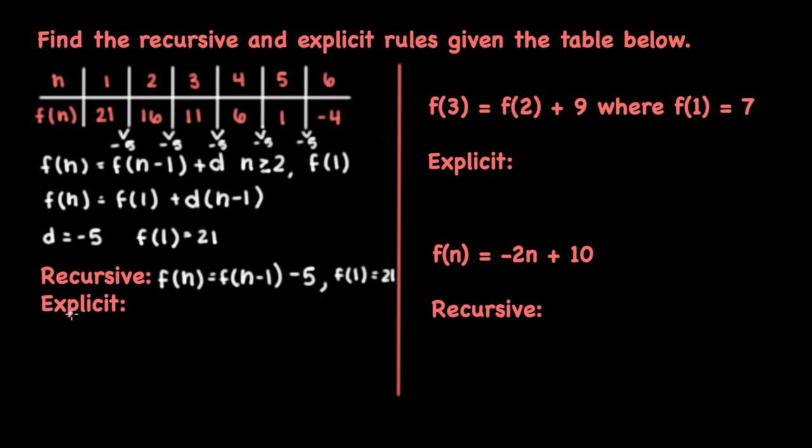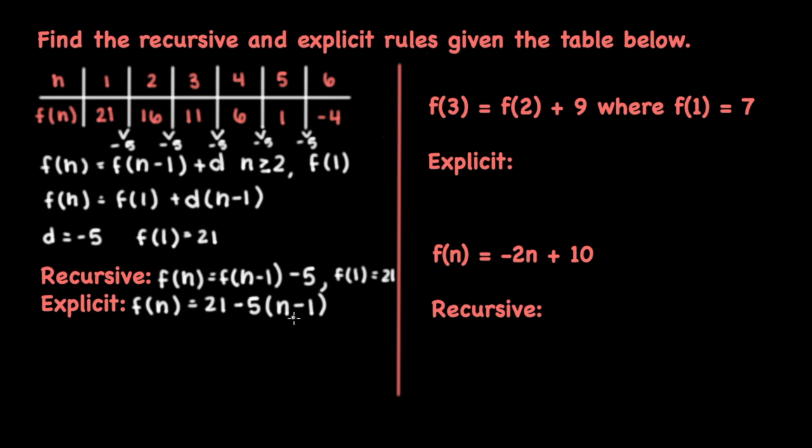Now for the explicit rule, we also need to know the value of f of 1 and also the value of d, but it's just a totally different equation. So for this explicit rule, we have f of n is equal to the value of f of 1, which is 21, plus d, so minus 5 times n minus 1.